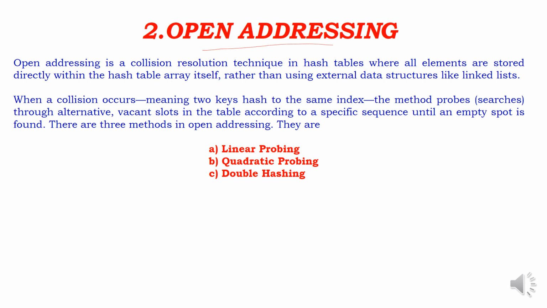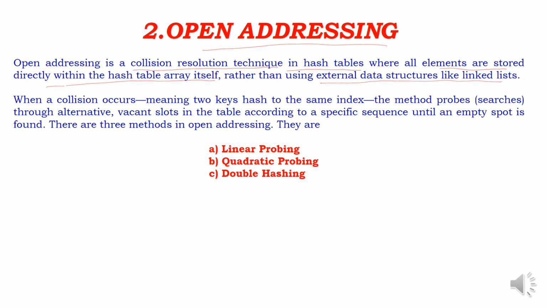Open addressing. Open addressing is a collision resolution technique in hash tables where all elements are stored directly within the hash table array itself rather than using external data structures like linked lists.